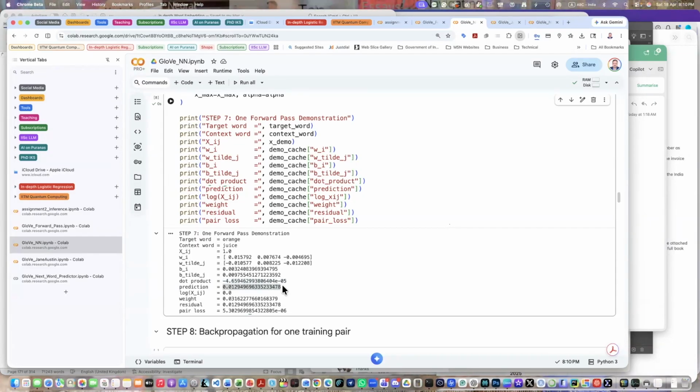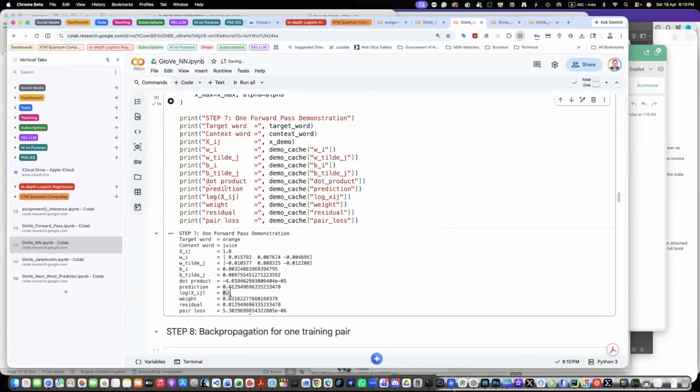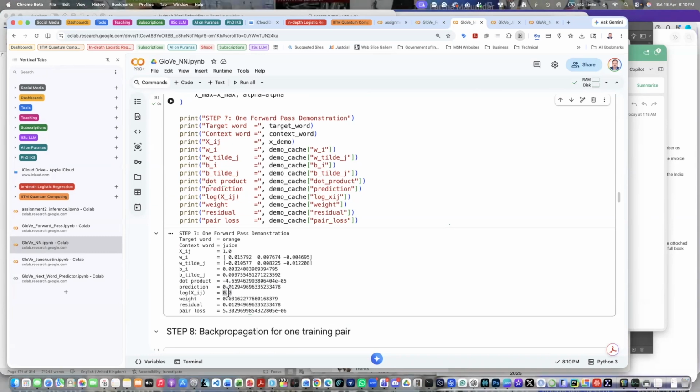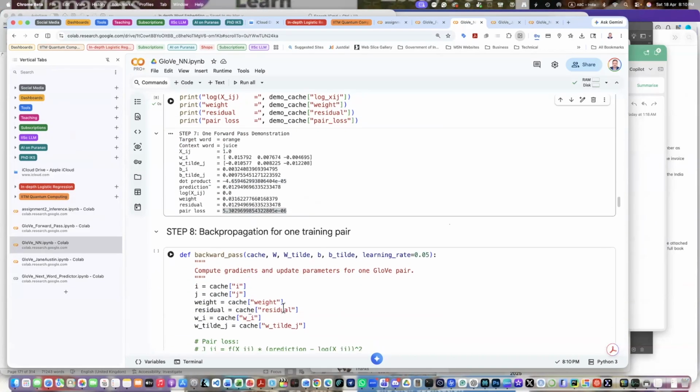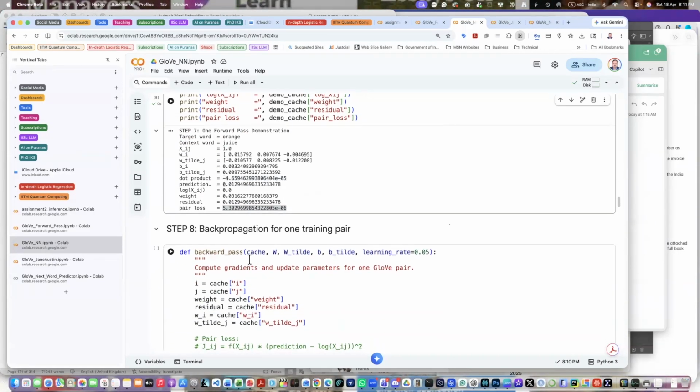I get my prediction. Log of Xij is log of 1 in this particular case, because Xij is 1, that is 0. I have to ensure that this prediction and this log are as close to each other as possible. So my loss at this point of time is this much, right? So far clear? Yes.